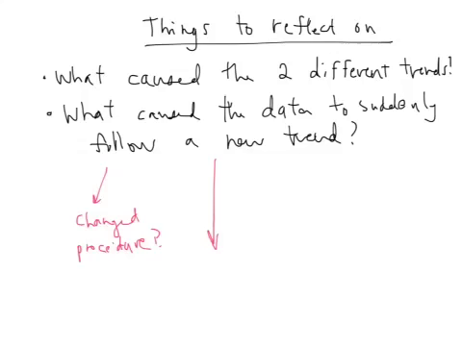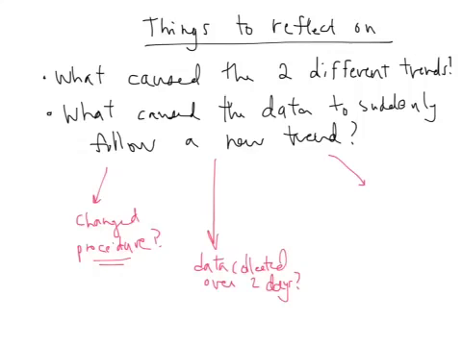Maybe you're not really sure, but data was collected over 2 days. Does that correspond with the two different trends? One trend was on day 1, the second trend was on day 2. And then if so, think about what you could have changed in the procedure from day 1 to day 2.